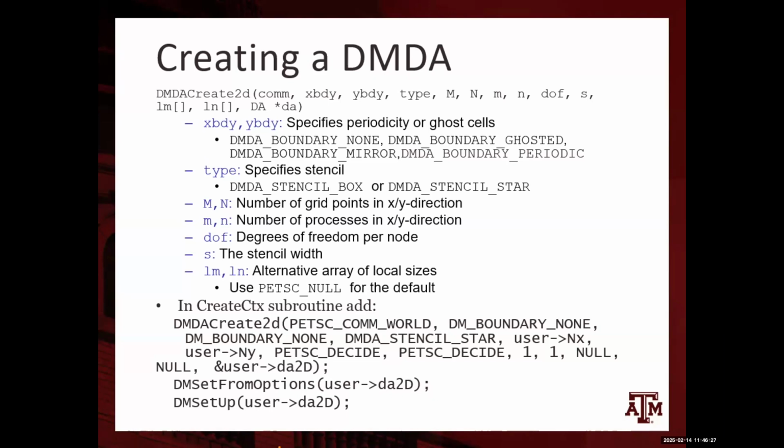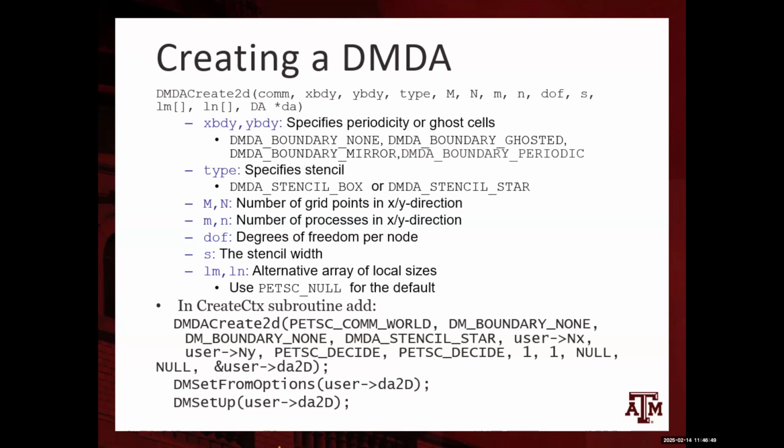Okay. And then user 2D is basically our DA that we have defined, and we are storing it in our user. What is the one degree of freedom that we have defined in this DM? That's because we have only one variable at each grid node, and that's our pressure.